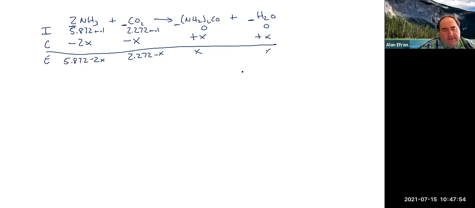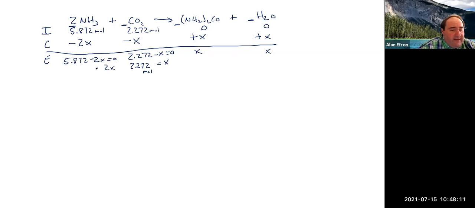x and x. So again, this is the part where we're going to set each of our reactants equal to 0. So if we set that guy to 0, that means x is equal to 2.272 moles. We set this guy equal to 0.